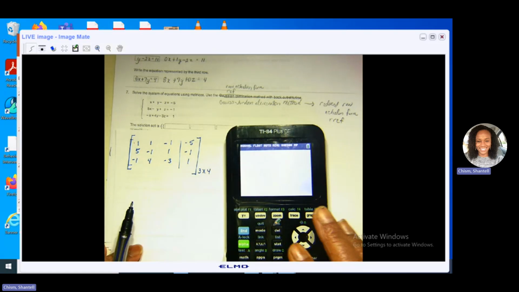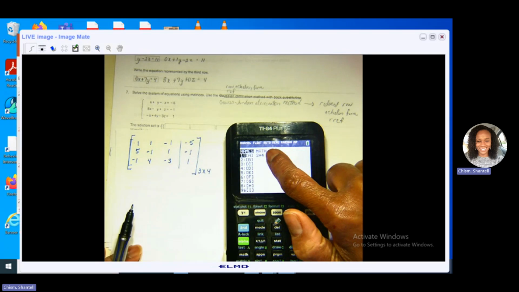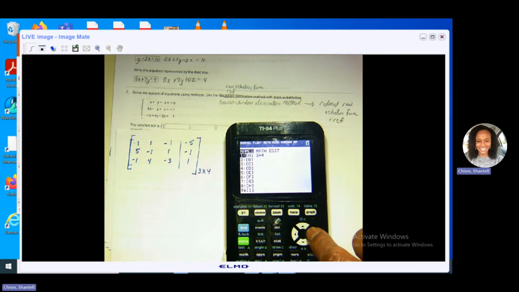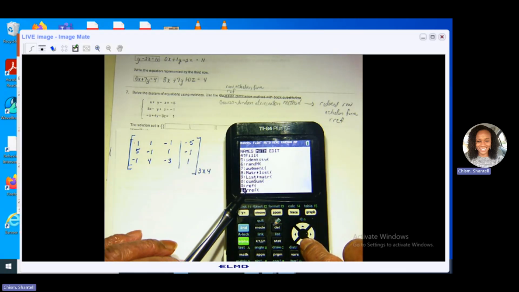So I'm going to go back to the matrix again, press second x inverse, and this time I'm going to go to math, because I want to actually choose what I want to do. I'm going to scroll down until I see RREF. Now look, A is REF.